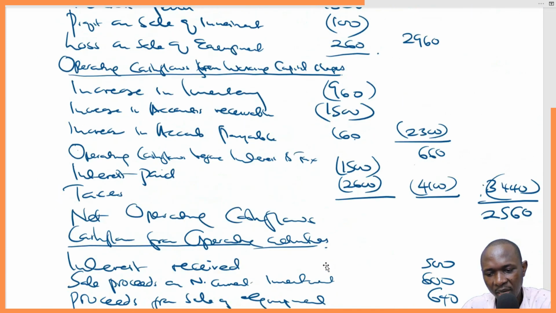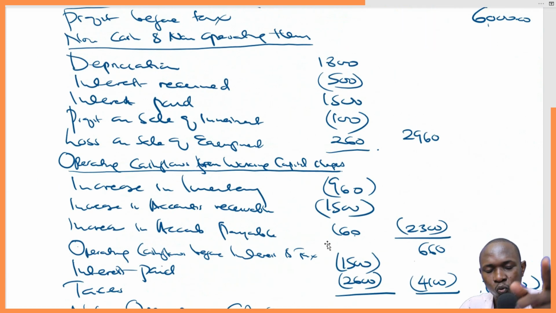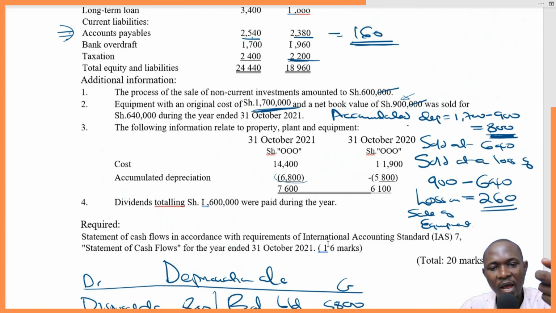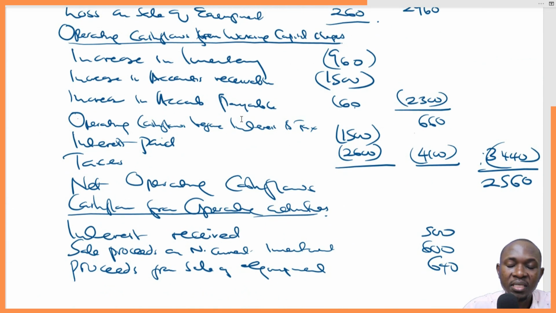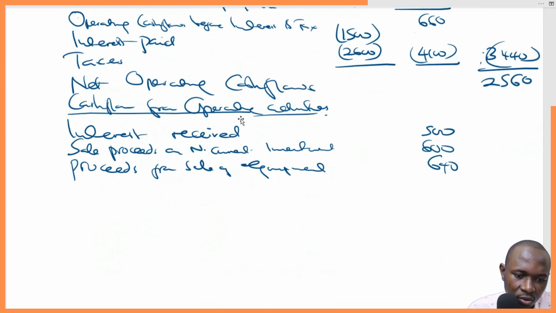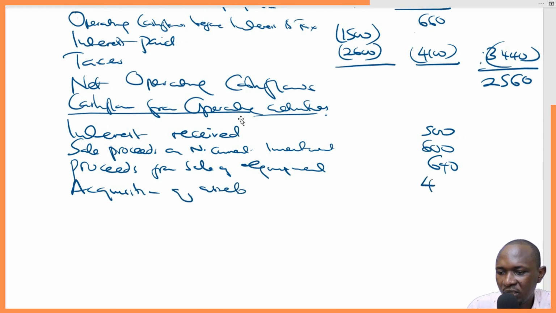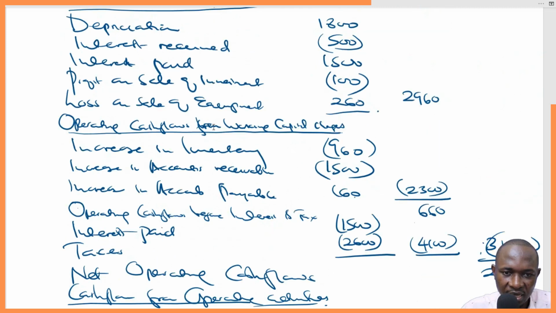That's why we are picking them as positives. But we have now acquired assets worth how much? 4,020. So that means money left the organization. So we'll say acquisition of assets, 4020. Money left the organization, so 4020 like that.